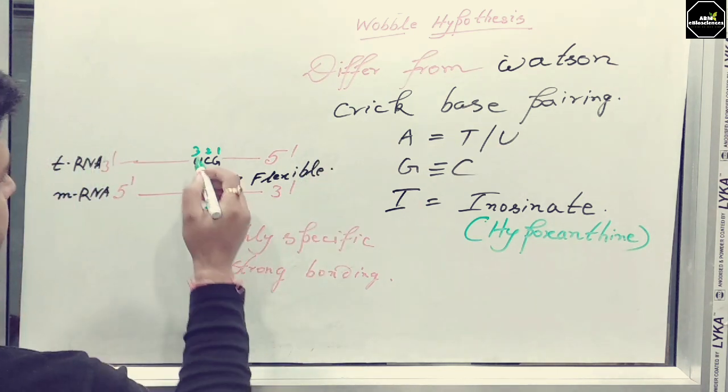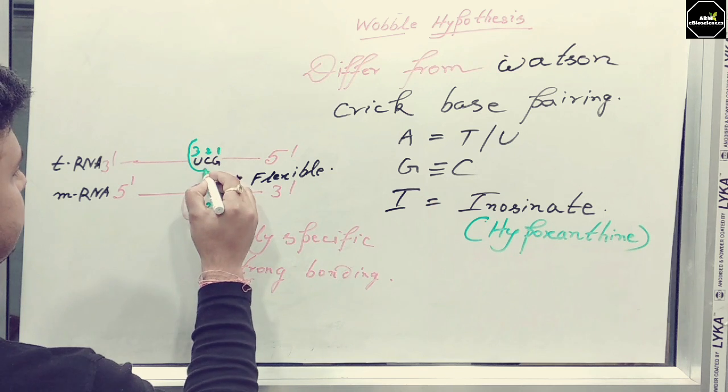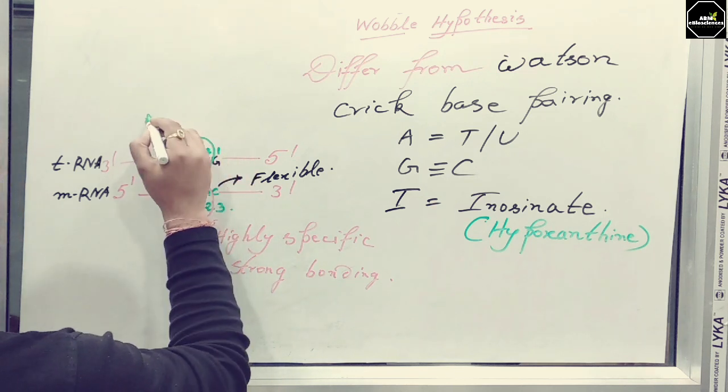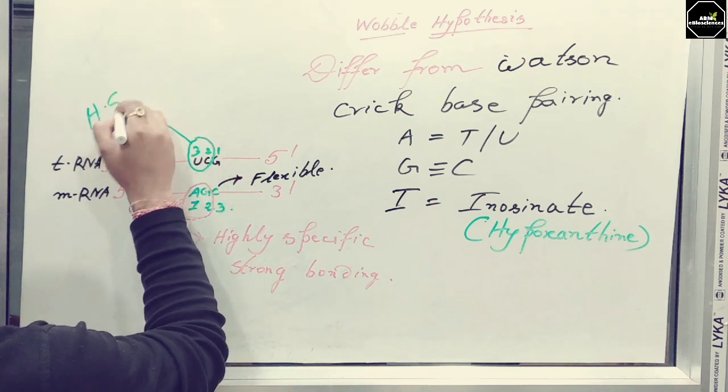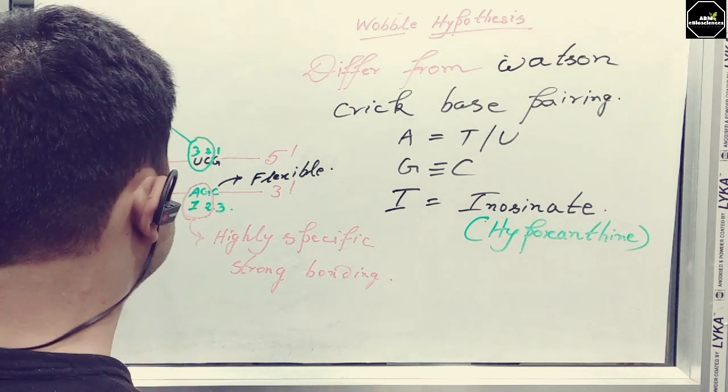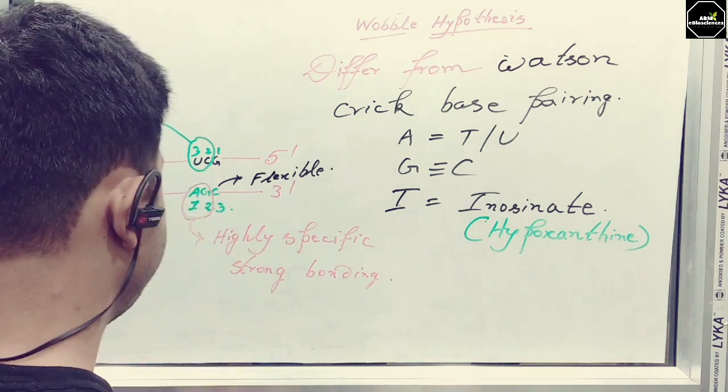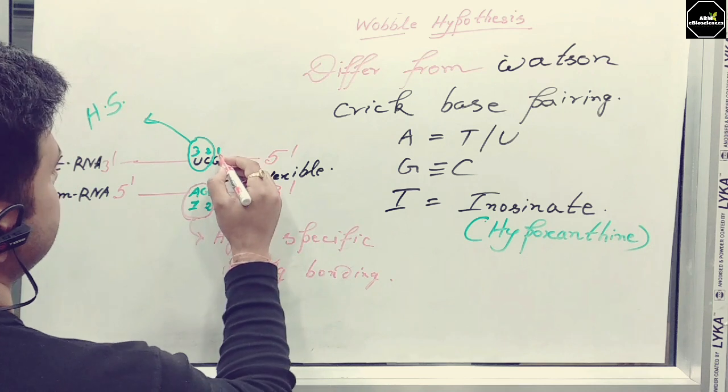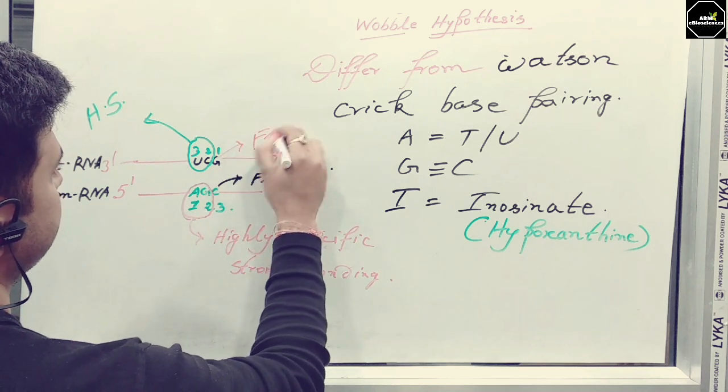On the anticodon side, positions 2 and 3 are highly specific, whereas position 1 is flexible.